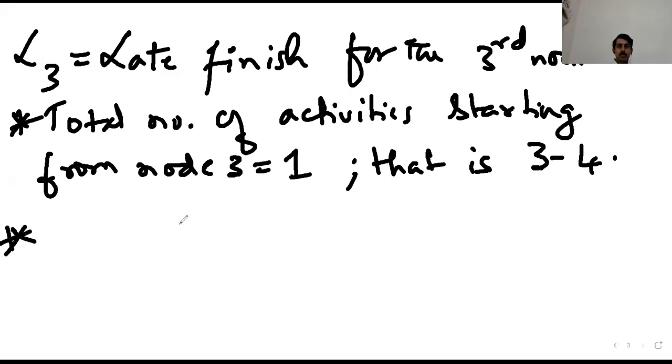Sir, after L5, you have to do L3? The order is not that important. But since the nodes are numbered, we can solve the latest finish for each node in decreasing order, that is 5, 4, 3, 2, 1.